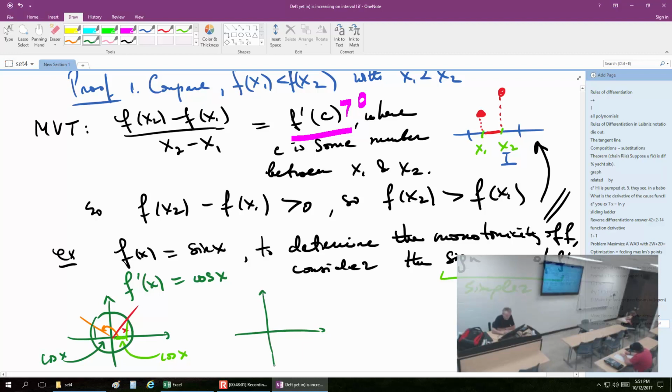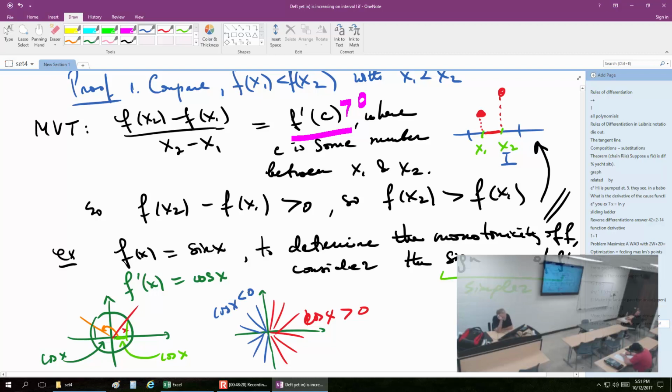So let me point that out. Here, the cosine is positive. If these are x's, then cosine x here is positive. In the meantime, for these angles, which I put in blue, cosine x is negative.